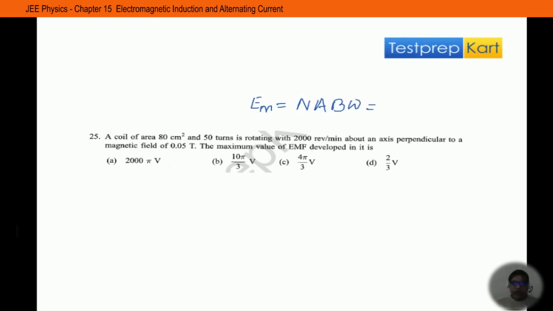Here we need to take care that the options are given in pi, so we need not substitute the value of pi. N is 50. Area is 80 centimeter square, so it is 80 into 10 to the power minus 4.